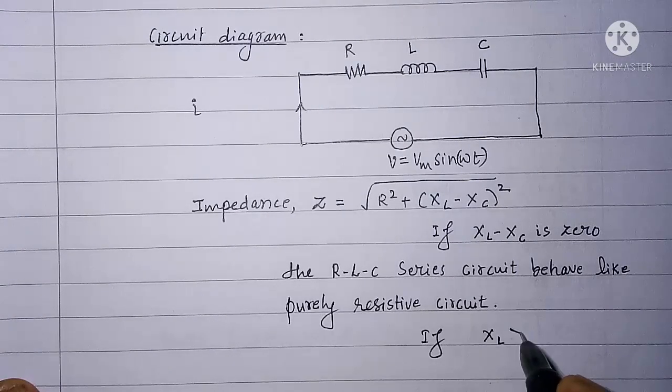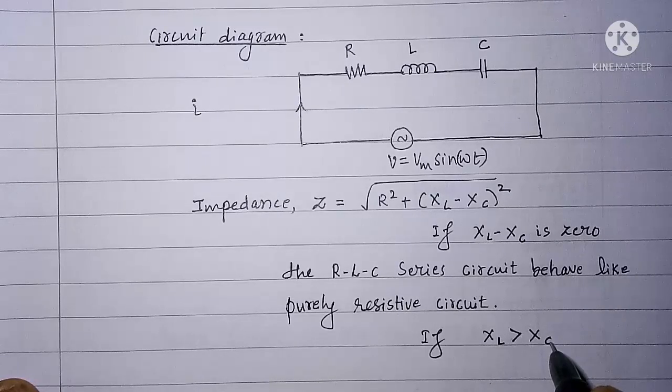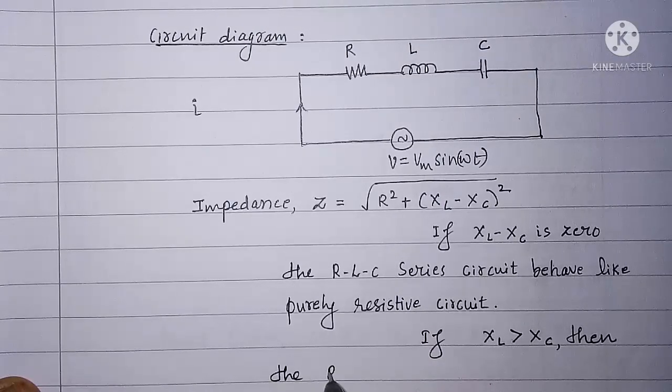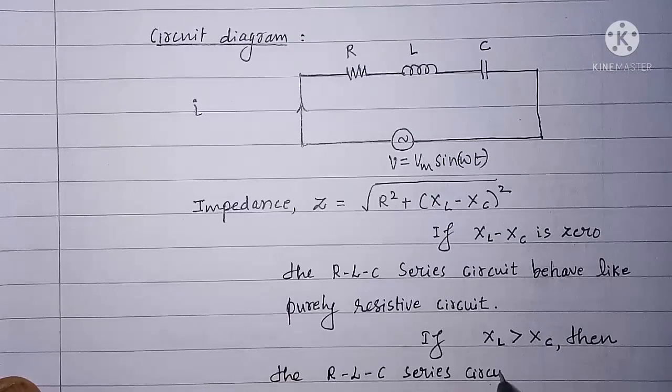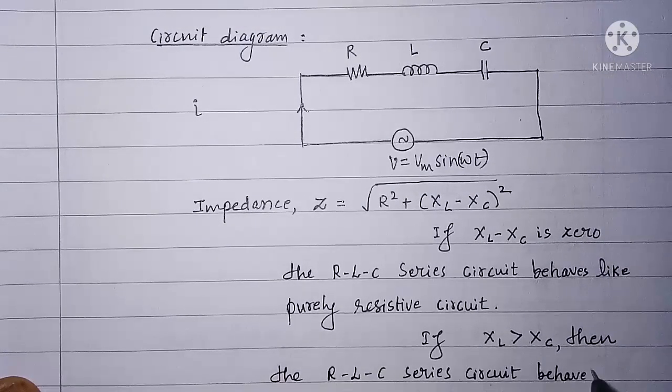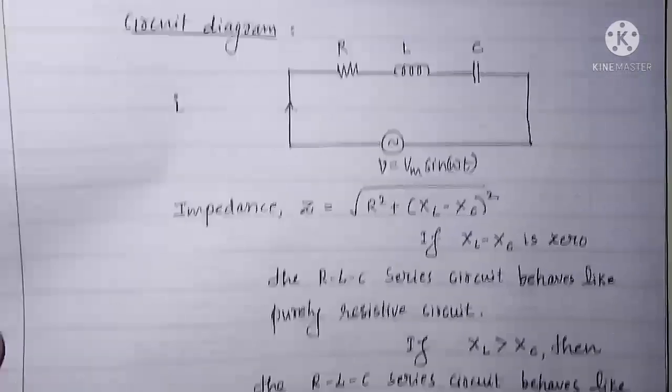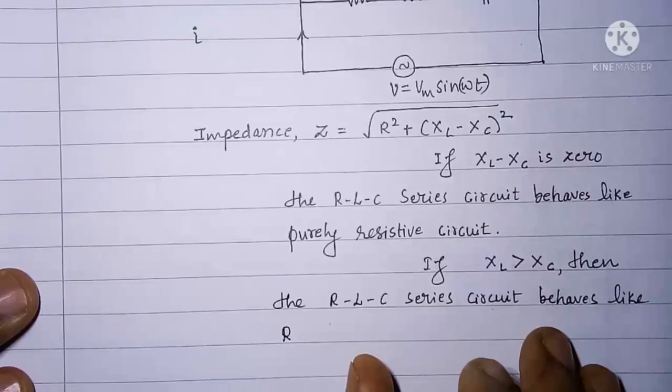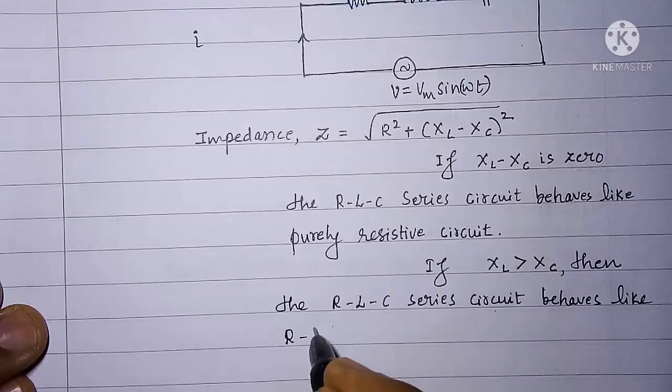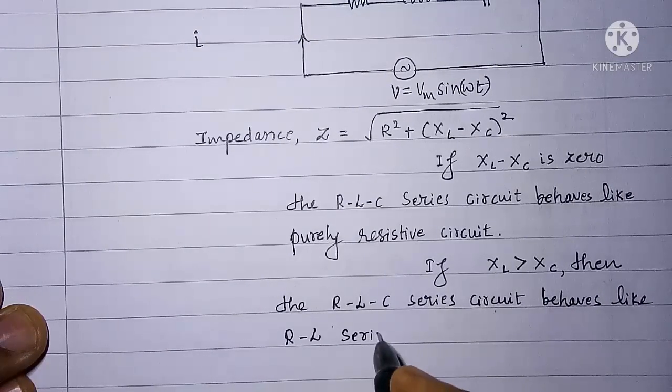If XL is greater than XC, then it behaves like RL series circuit.